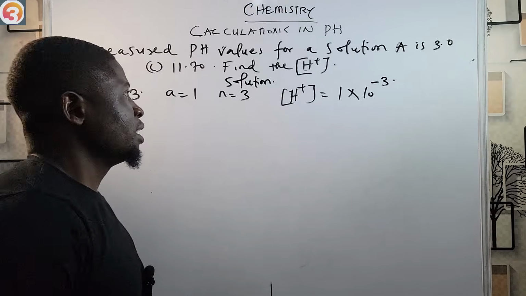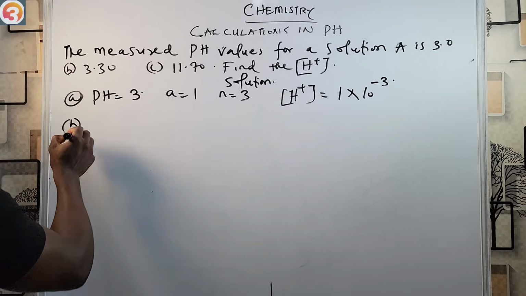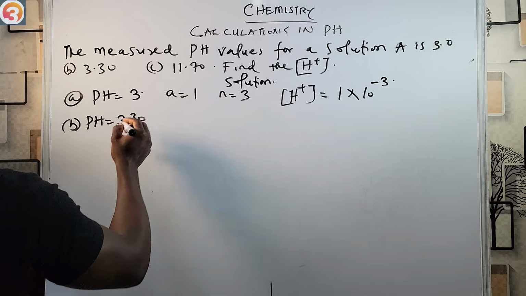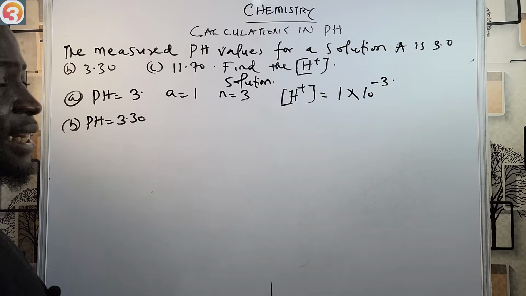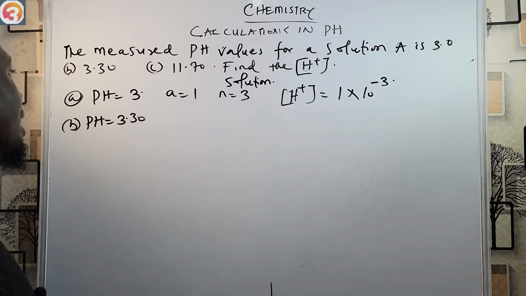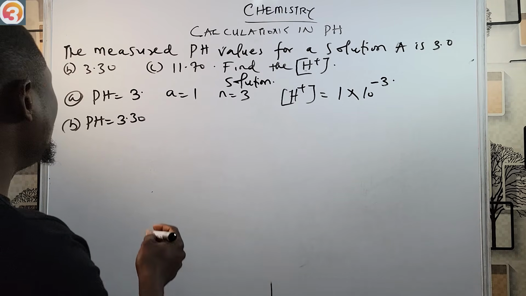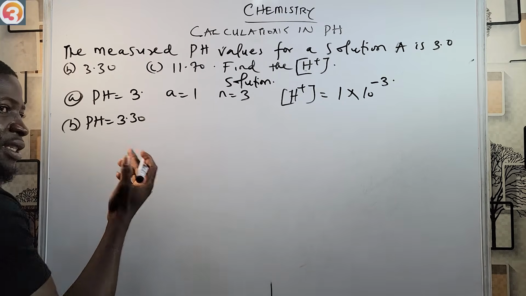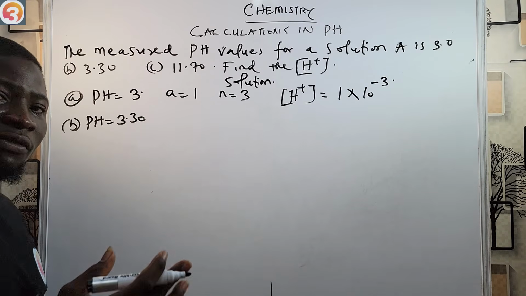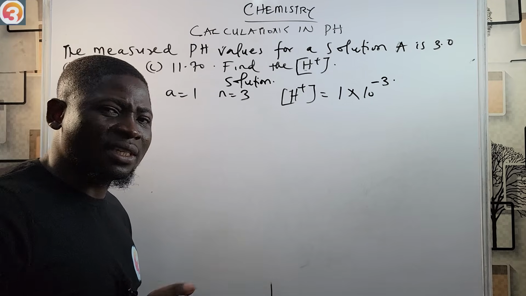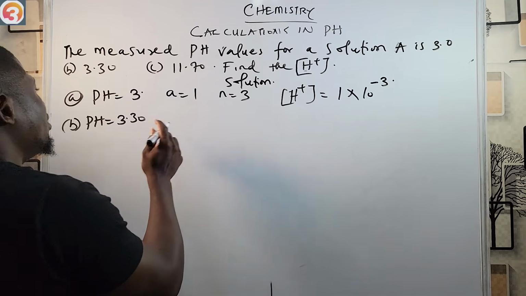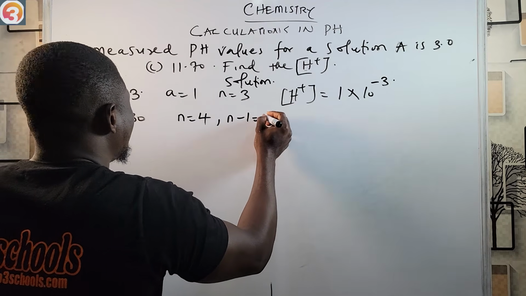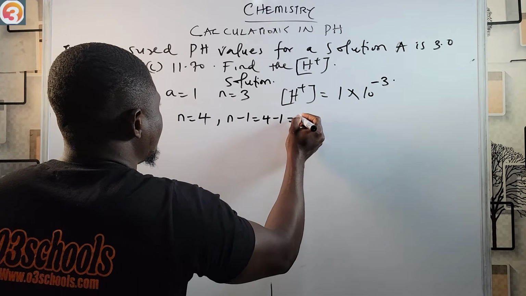That is the easiest part because it's a whole number. Now, for the second part, where we need to actually sweat a little, pH is equal to 3.30. In this case, pH is a decimal number, which means our a is not 1. But we know that this pH is between 3 and 4, that's the only thing you need to reason out. So n is 4, and n minus 1 is 4 minus 1, which is 3.